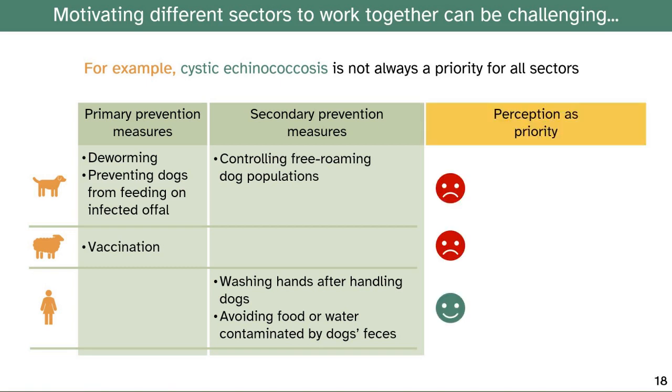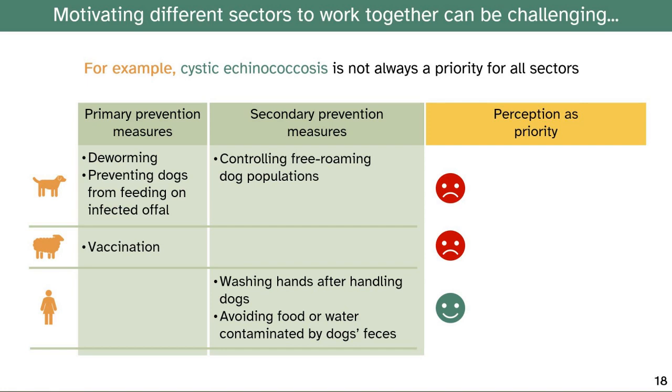Now that we have seen what can be done, let's see which sector is actually interested in doing it. In dogs, which in endemic countries have a minimal economic value compared to livestock, and in sheep, whose production is not particularly affected by cystic echinococcosis, priority is actually low.